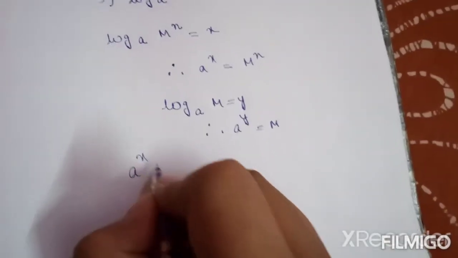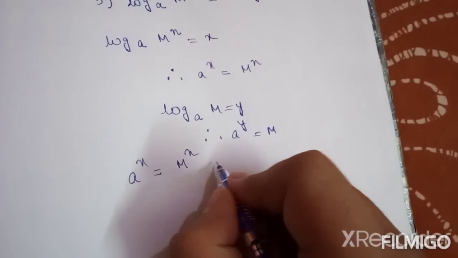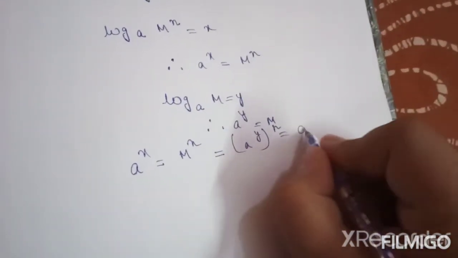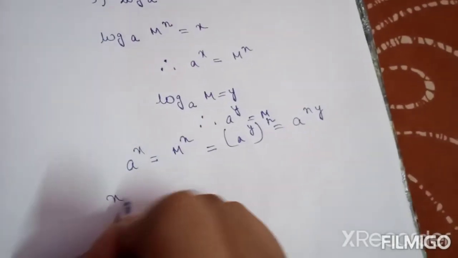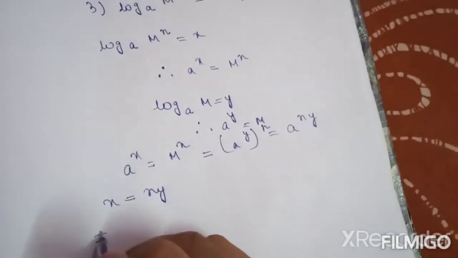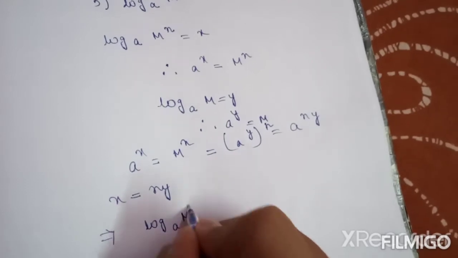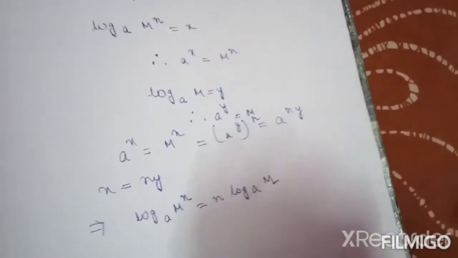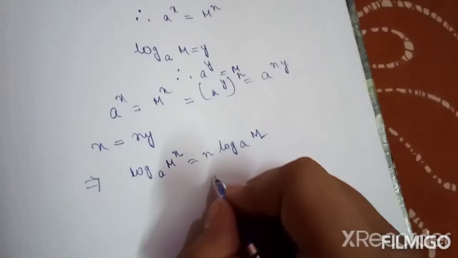So a to the power x is m to the power n, which is equal to a to the power y to the power n, which is a to the power ny, meaning x equals ny. So log a base m to the power n is equal to n log a base m. We'll put the values of x and y.